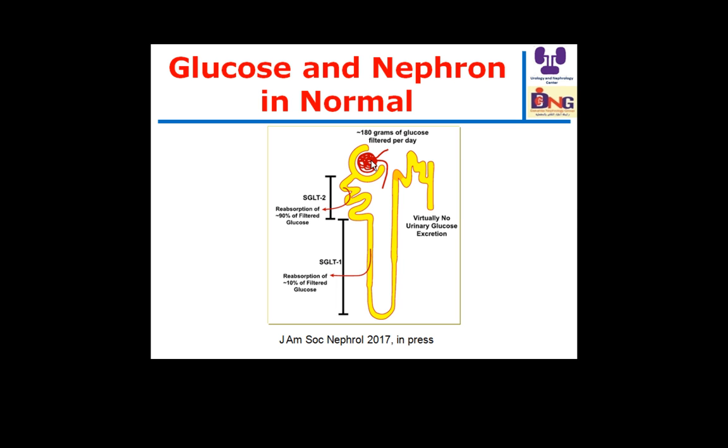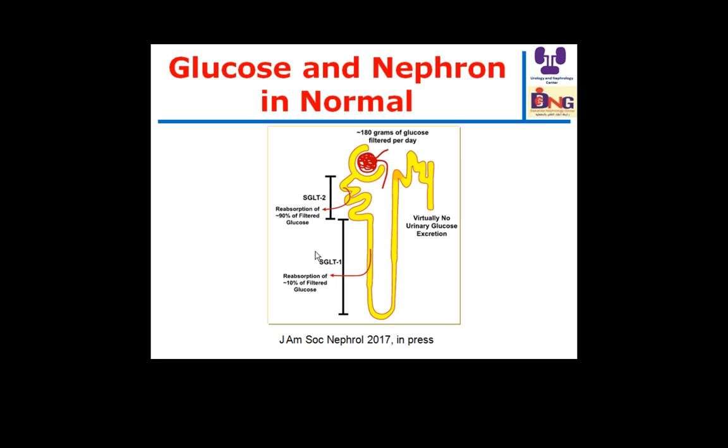This is by the help of sodium glucose cotransporters present within the proximal convoluted tubule. We have the early part of the proximal convoluted tubule where sodium glucose cotransporter 2 type is present and is responsible for reabsorption of 90% of filtered glucose. In the late segment of proximal convoluted tubules, we have sodium glucose cotransporter 1, which is responsible for the reabsorption of 10% of glucose.